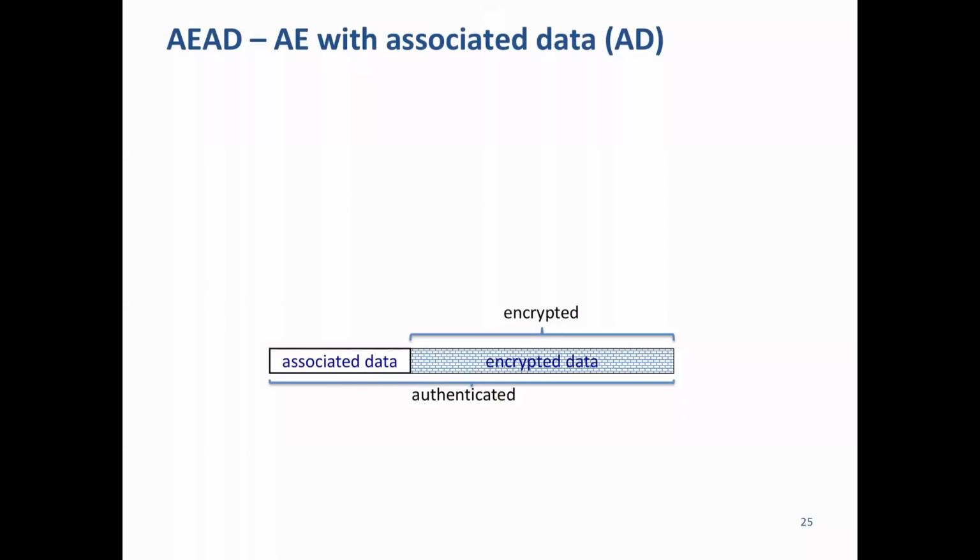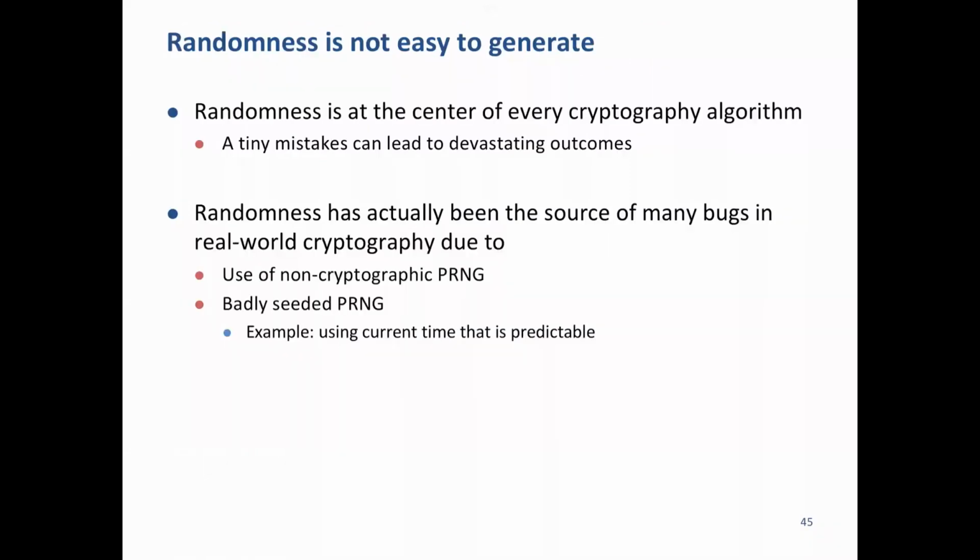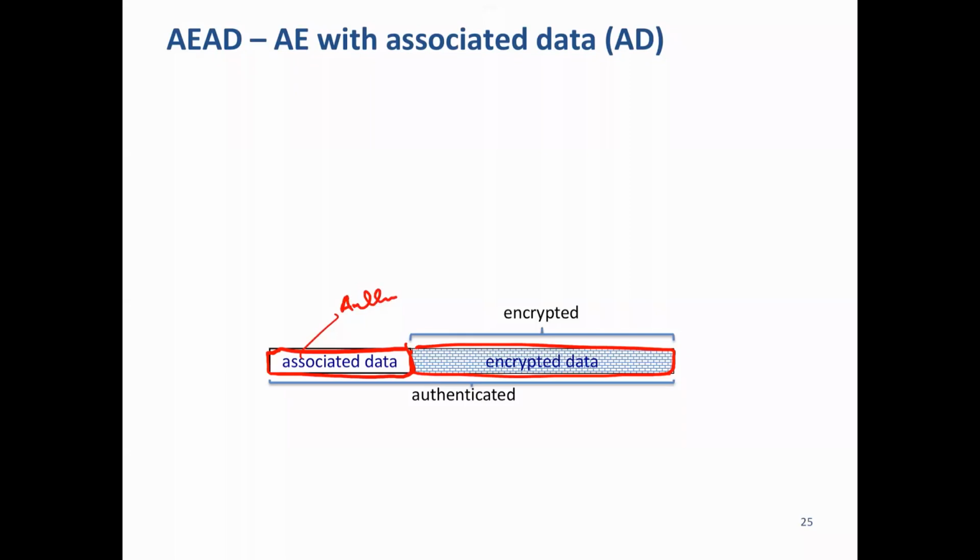So there should be methods available such that part of the packet can be encrypted, like this encrypted part, and something that needs to go in plain, which we call associated data, has to be authenticated. It means that if something changes here, then it should be visible, and everything should then be authenticated. Okay, that's the concept.